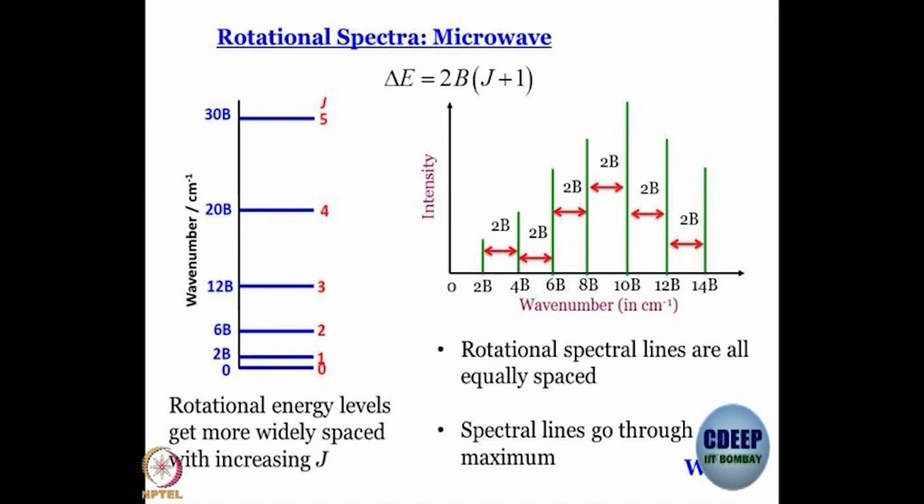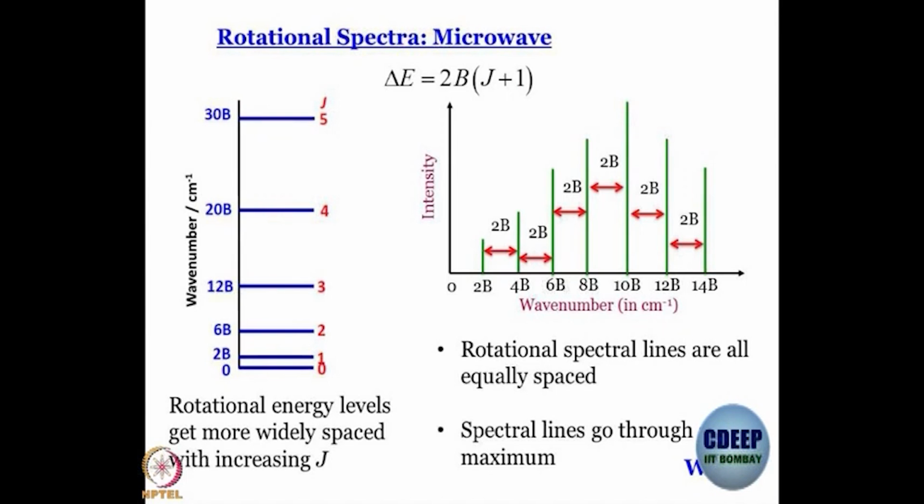What is the next transition? 0 to 6B is one, but then you can also have 2B to 6B. So, 2B to 6B, that is the next line, that is 4B. Next line would be 6B to 12B actually. So, these lines are going to occur at 0, 2B, 4B, 6B, so on and so forth. The gap between two successive lines will always be your 2B.